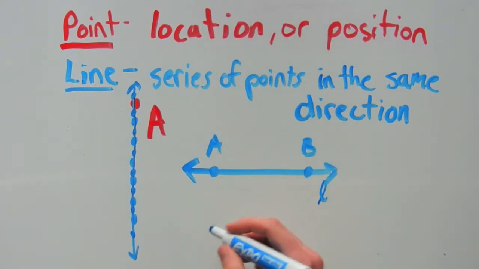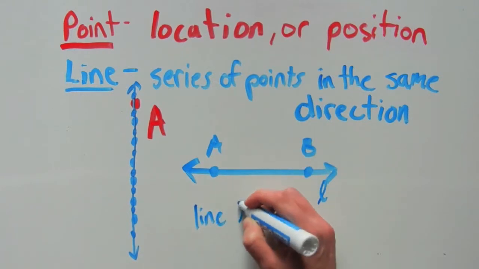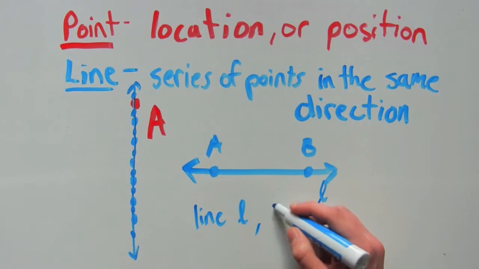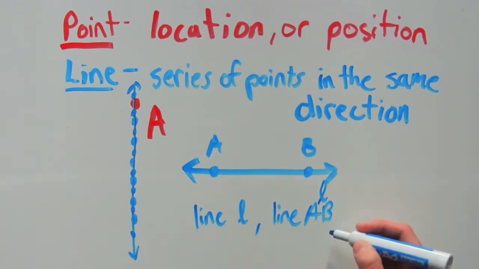So when referring to this line, we can say line L, line AB, or line BA.